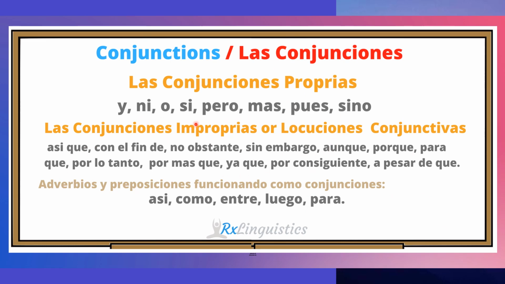You can also do a little bit of research, because you'll have coordinative conjunction, subordinative conjunction, and correlative conjunction, where there are two moving together, like ni, o, e and además, those kinds of things.